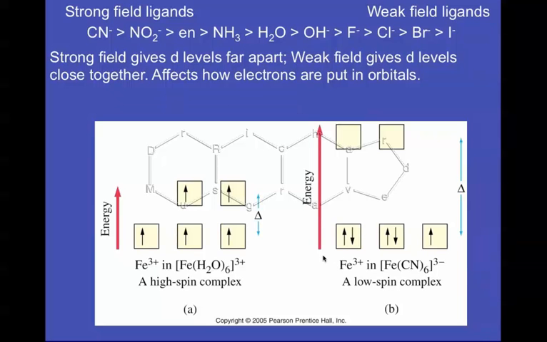The other thing that's going to be important, and this would be for an octahedral arrangement here, is that the energy in between these 2 layers of d orbitals can be varied, and the variation is completely dependent on the ligands attached to the central metal. So we've got this table here which gives us an idea of strong field ligands and weak field ligands. And the dividing line is pretty much here where the water is.